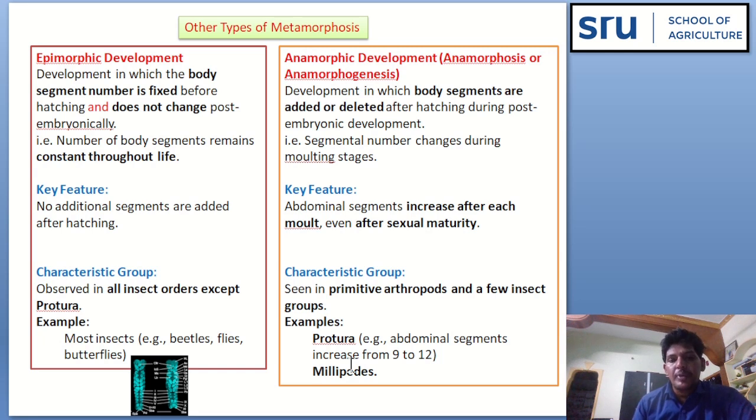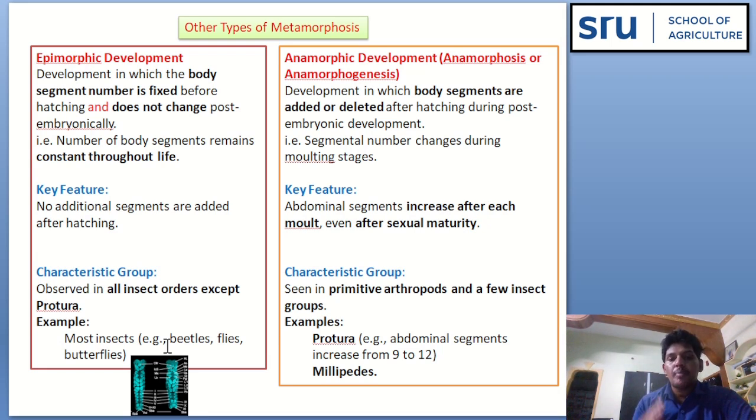Other types of metamorphosis: epimorphic development and anamorphic development, that is anamorphosis or anamorphogenesis. Epimorphic development is a type of development in which the body segment number is fixed before hatching and does not change after hatching, that is post-embryonically.